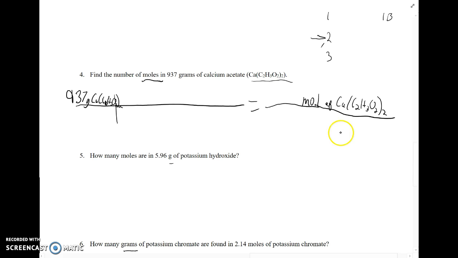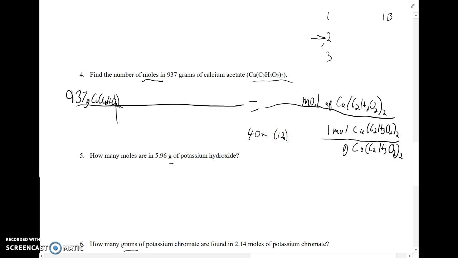So I'm going to write that off to the side here. 1 mole of Ca(C2H3O2)2 is equal to however many grams of Ca(C2H3O2)2. So I need to first calculate that. Calcium, I'm going to look at my periodic table and see that it has a mass of 40, plus carbon, which has a mass of 12.